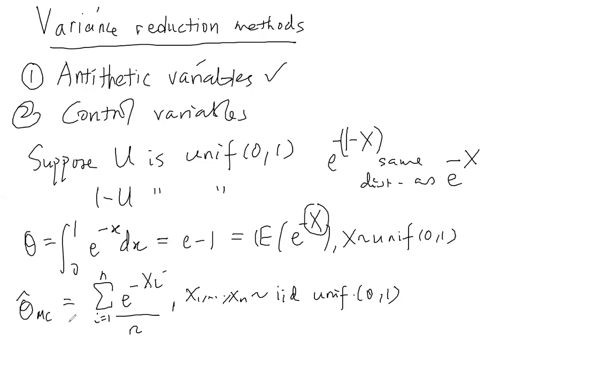So then instead of one Monte Carlo estimator, you could actually make another one, as follows. Let's say I call this Monte Carlo estimator 1. This is Monte Carlo estimator 2, right? So I could also estimate it as following.